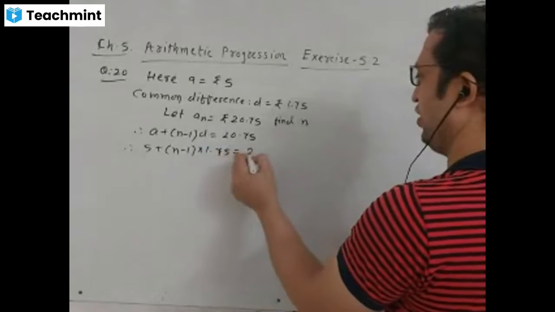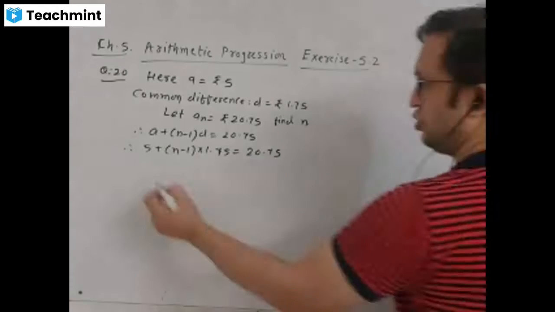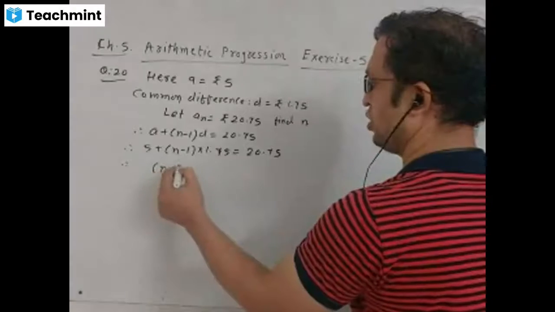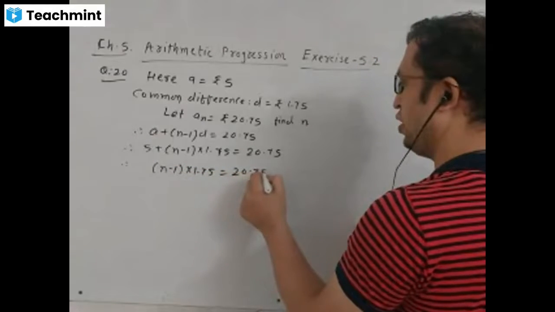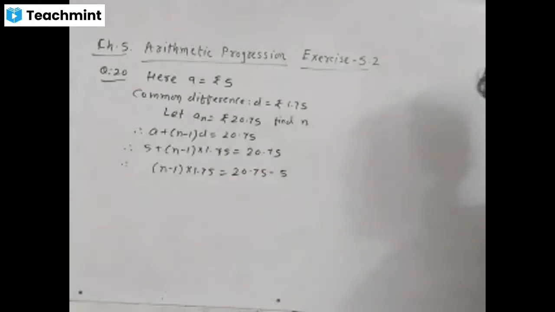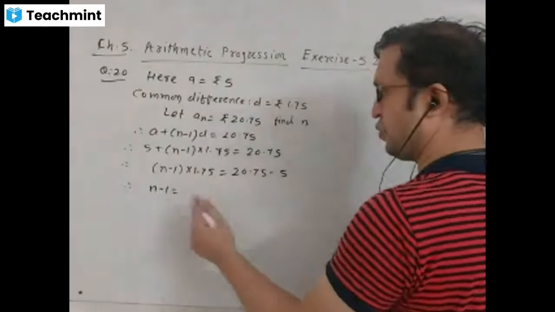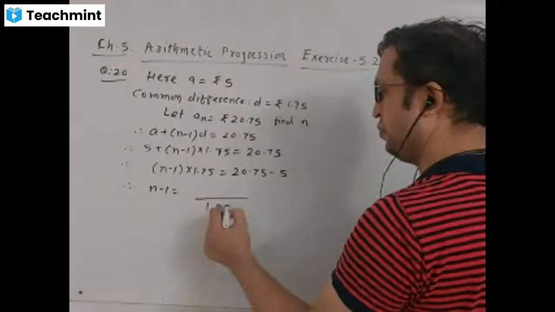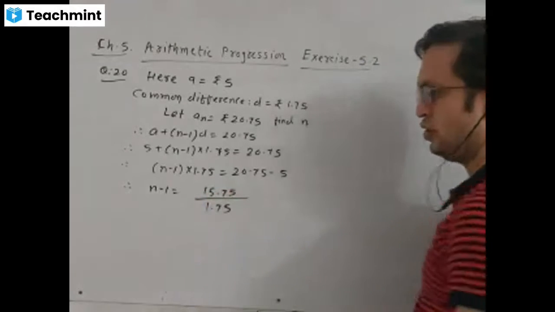So N minus 1 into 1.75 is equal to 20.75 minus 5, which is 15.75. Therefore N minus 1 is equal to 15.75 divided by 1.75.